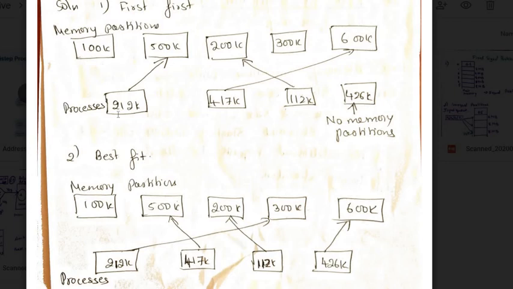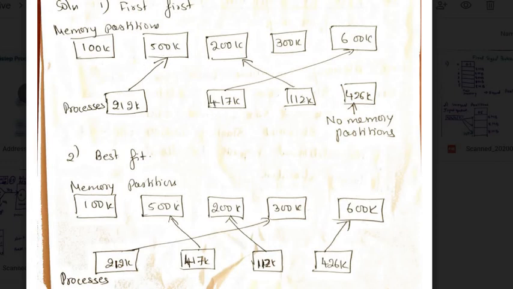For 212, can the 100K partition satisfy it? No, it cannot. The next one is 500K, so it can satisfy. So the request of 212 could be satisfied by 500K.